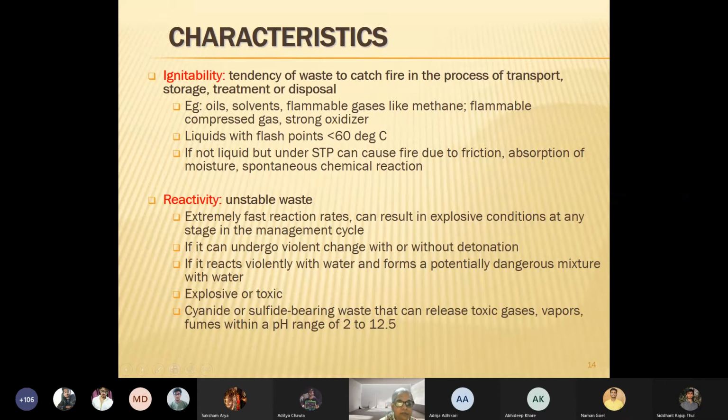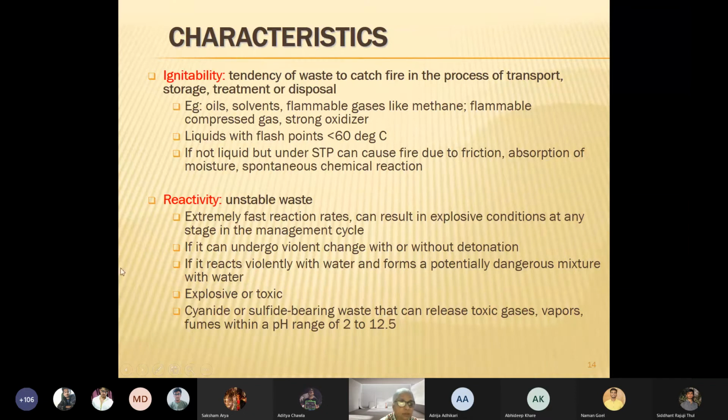There are certain chemicals that can react violently with water. You know that you take any simple strong acid, sulfuric acid, hydrochloric acid, any of them, if you add water to the acid, it will react violently and it will create an explosion, and it can be extremely dangerous.